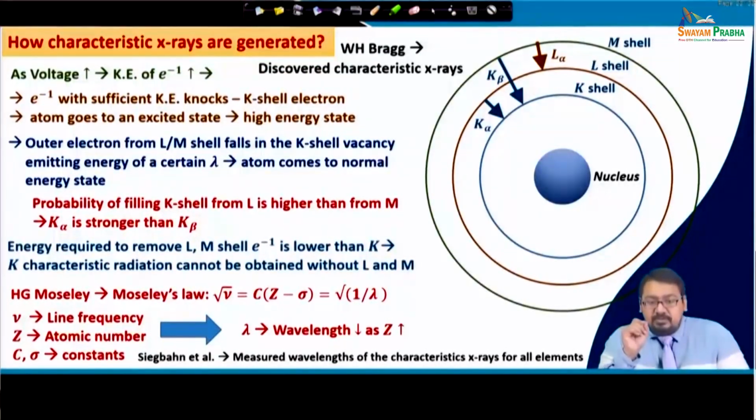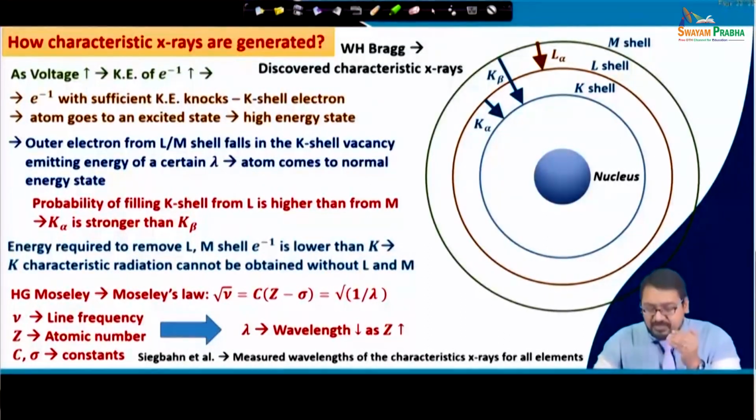So root of nu is the frequency, C and sigma are constants, Z is the atomic number, and so Z is proportional to root of 1 by lambda, right, because nu is proportional to 1 by lambda. So you see that as Z increases, the characteristic wavelength lambda decreases. So the higher the atomic number of the target anode, the characteristic K alpha radiation's lambda decreases.